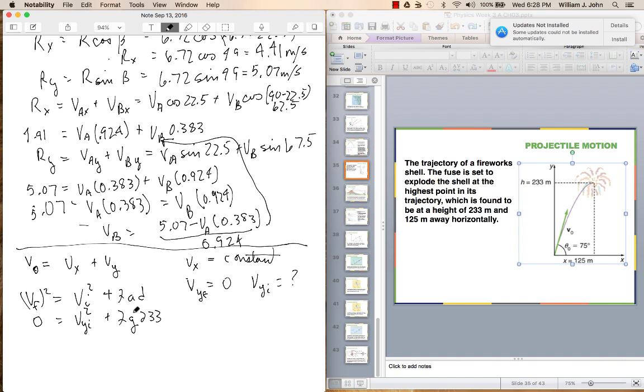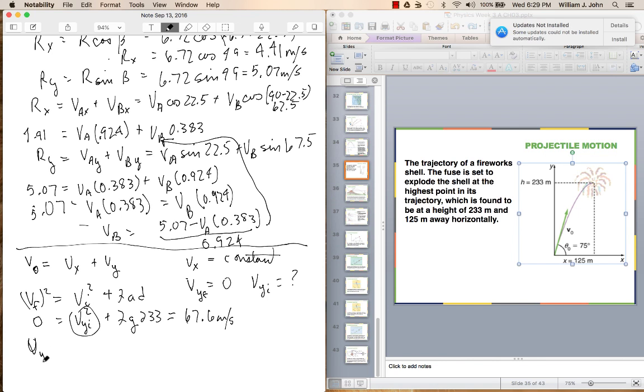And we know that g equals 9.8. And so we can do this math here and find out what Vy initial is. So the answer here for Vy initial equals 67.6 meters per second.